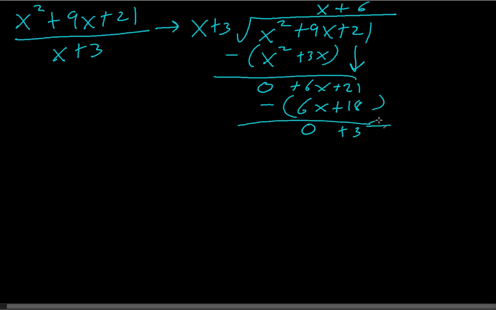Well, I can't. So this is the remainder. All right, so that is how we would do a problem like that. And we have a remainder of 3. There's lots of different ways you can answer the question, but that's basically how you do it. So different questions will have you say that it was x plus 6 with a remainder of 3, and so on. But that's how you do it, okay?